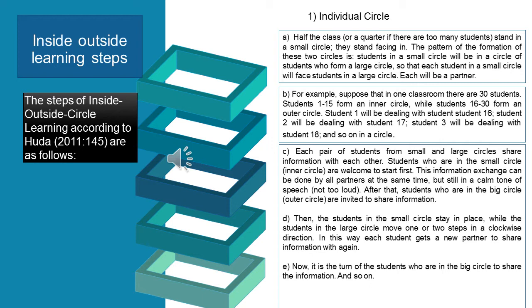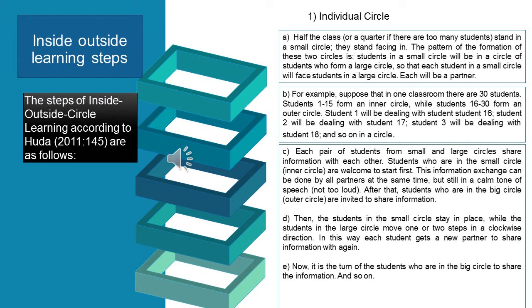Student 2 will be dealing with student 17. Student 3 will be dealing with student 18, and so on in a circle. Each pair of students from the small and large circles share information with each other. Students who are in the small circle or inner circle are welcome to start first.